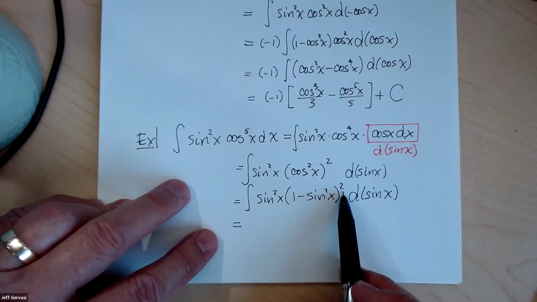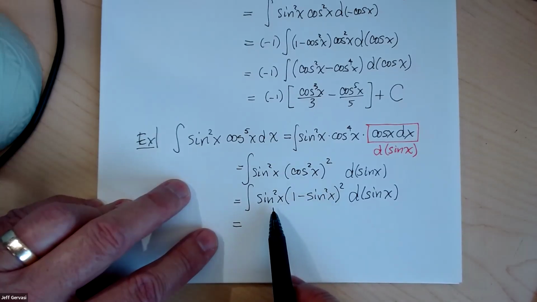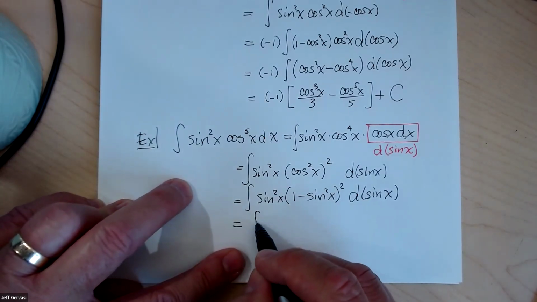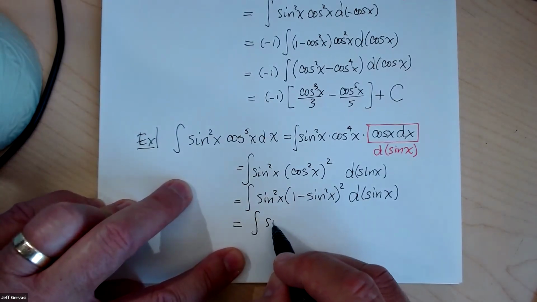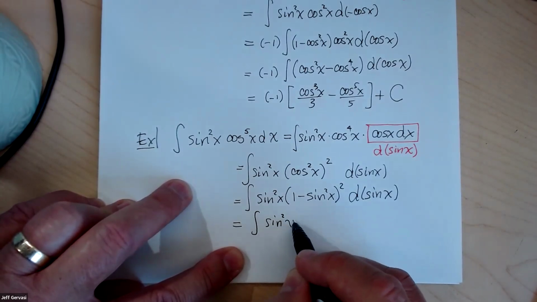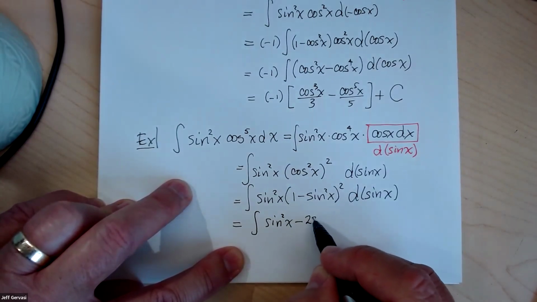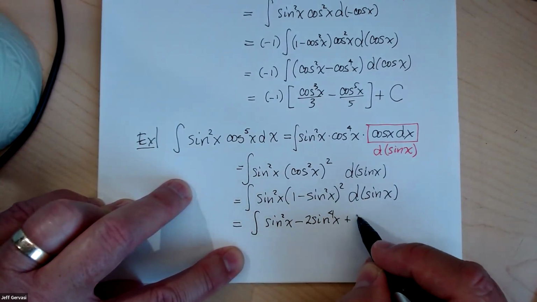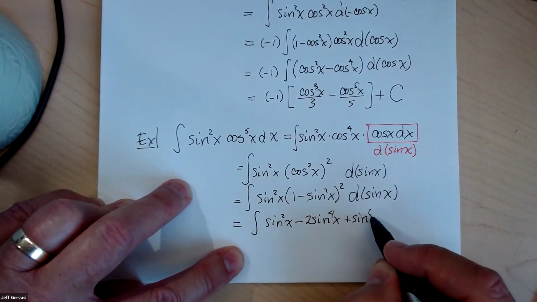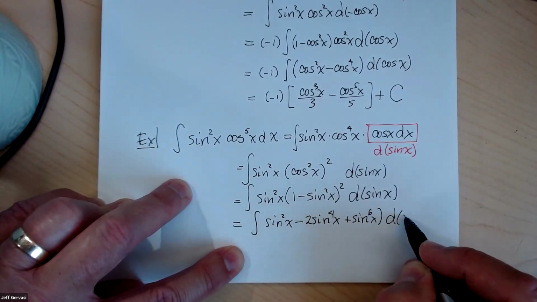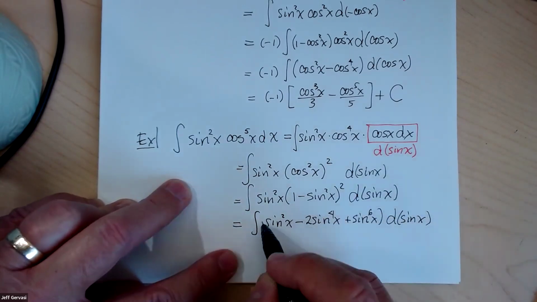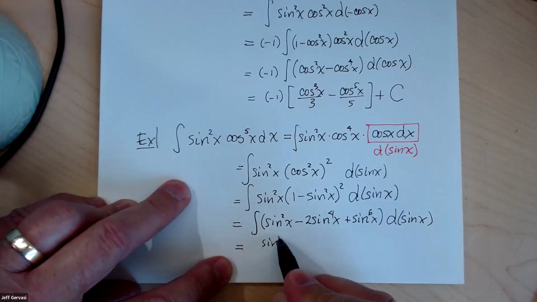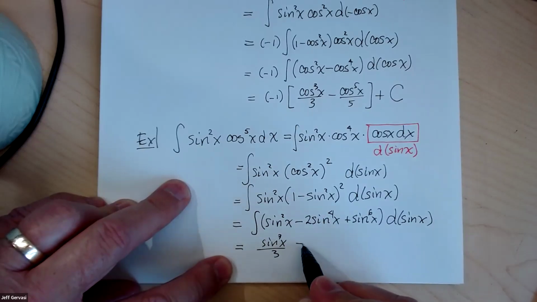And of course, we're going to have to expand this and multiply it by the sine squared. And then once we do, we'll be able to read everything off term by term. Okay. So we'll have sine to the third power of x over 3 and so on.